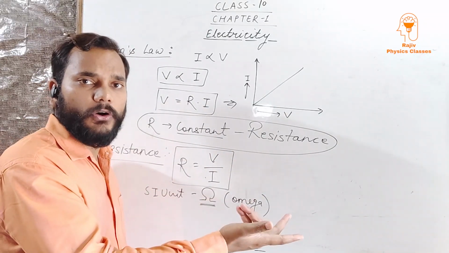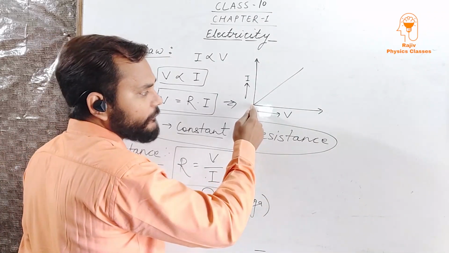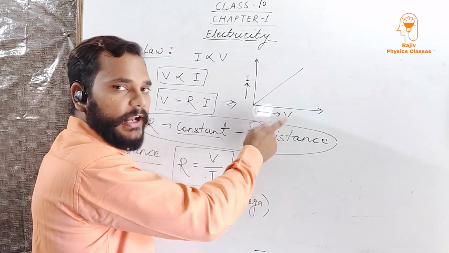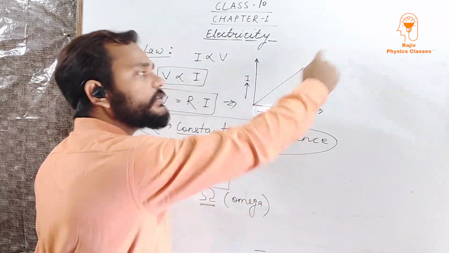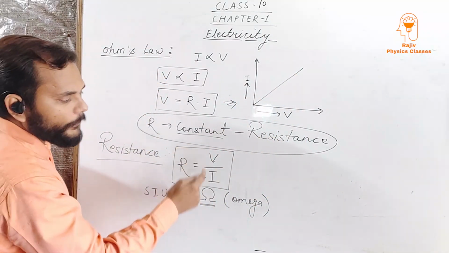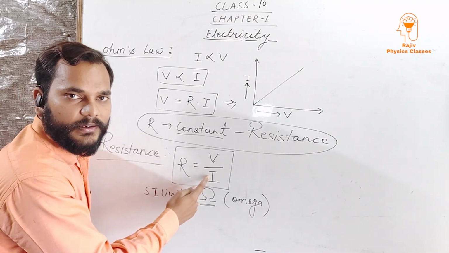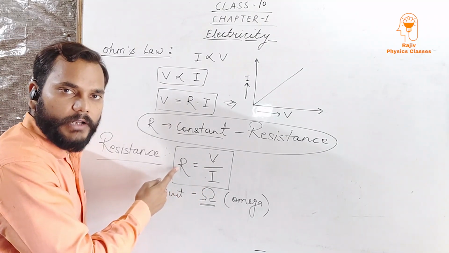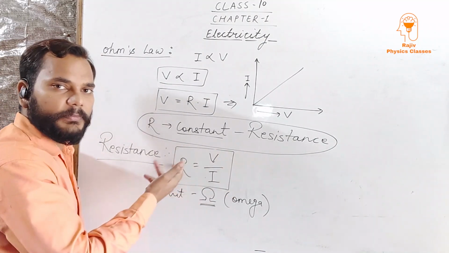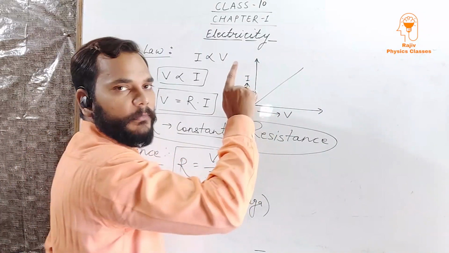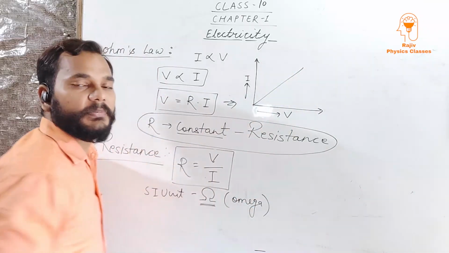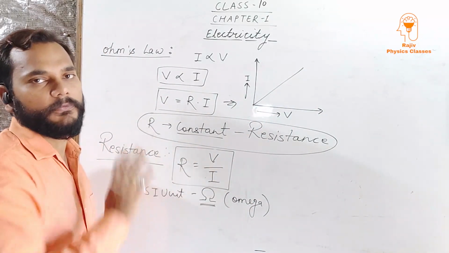So the graph between V and I must be a straight line. V upon I represents a constant value, and if I draw I upon V, that also represents a constant value. So this straight line graph represents a constant value.